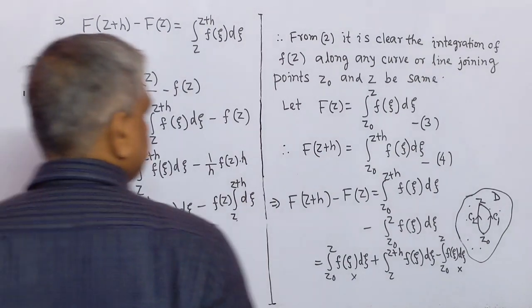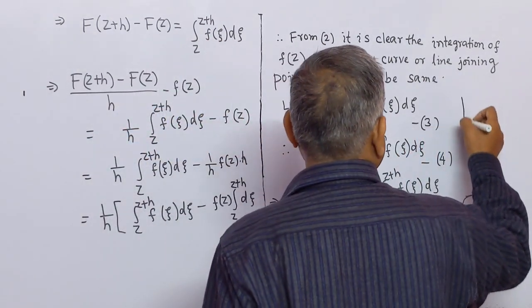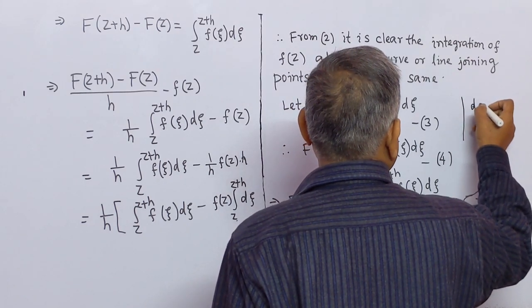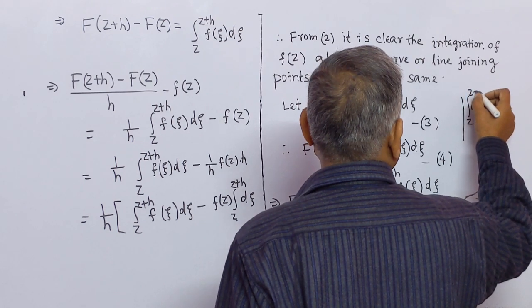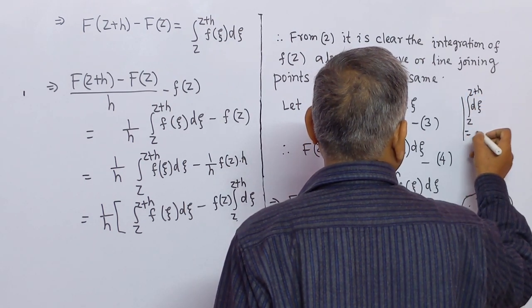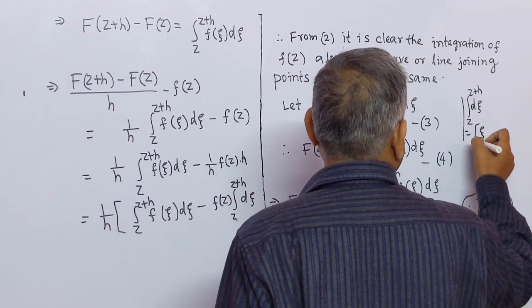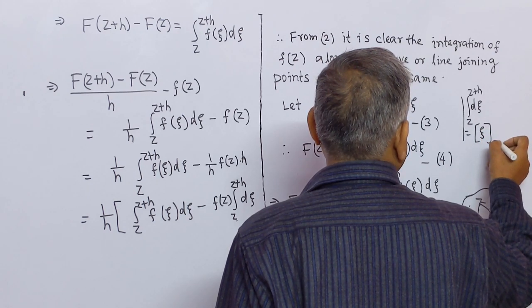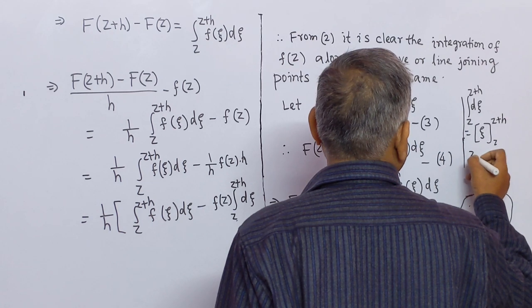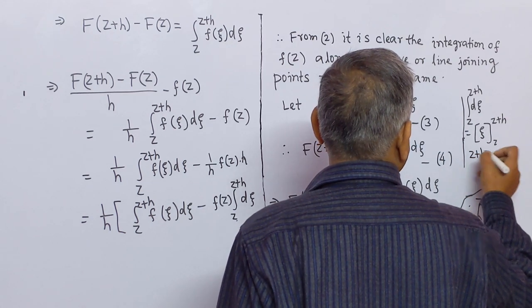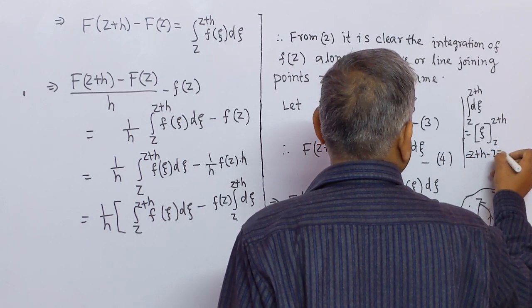because if we integrate d xi from z to z plus h, we get xi evaluated from z to z plus h. This means z plus h minus z equals h.